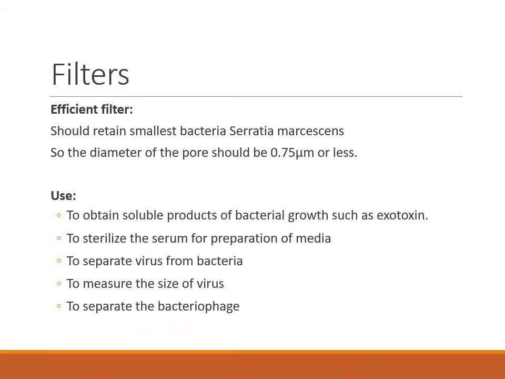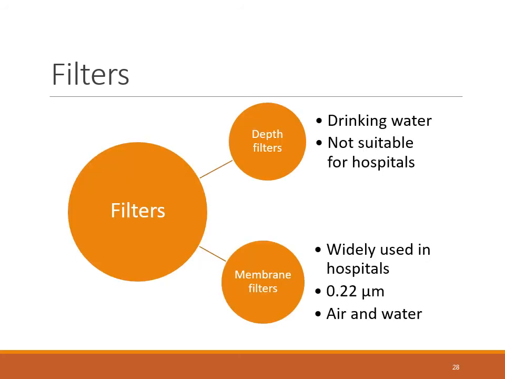This filtration method is used to obtain soluble products of bacterial growth such as exotoxin. It is also useful for sterilization of serum, for preparation of media, to separate the virus from the bacteria, to measure the size of the virus, and finally the separation of the bacteriophage.